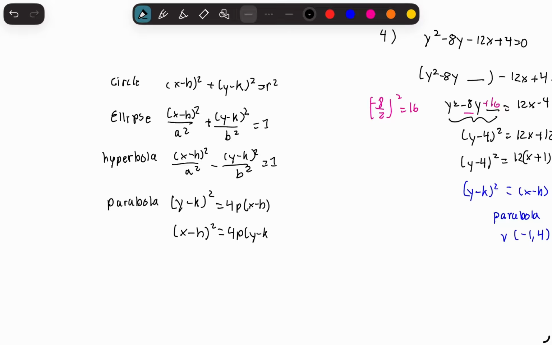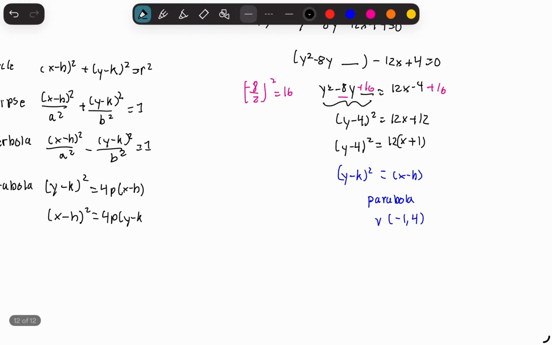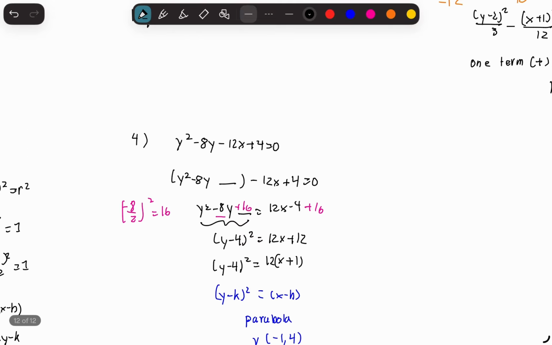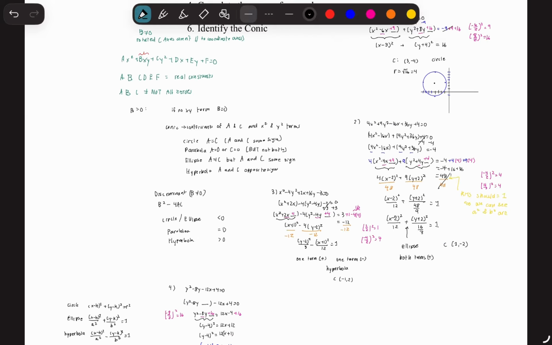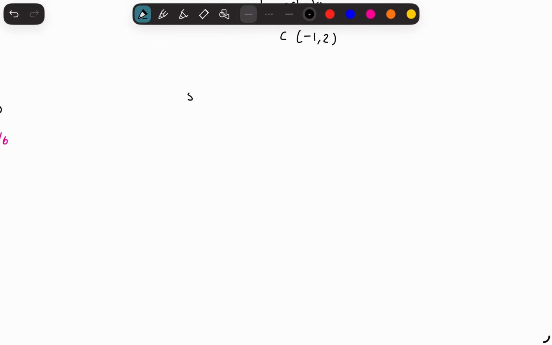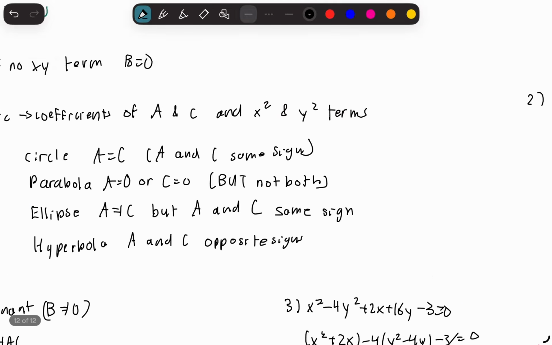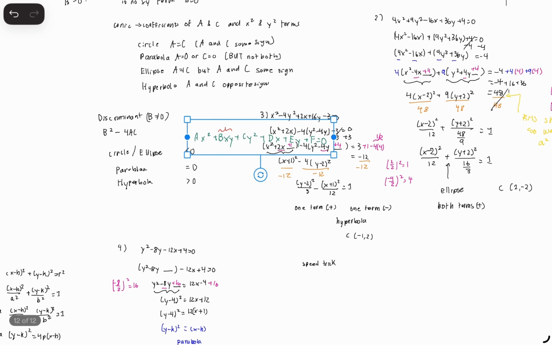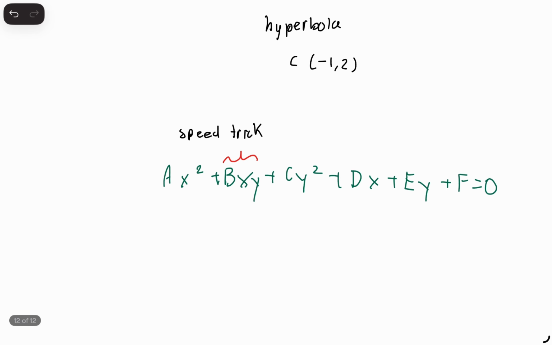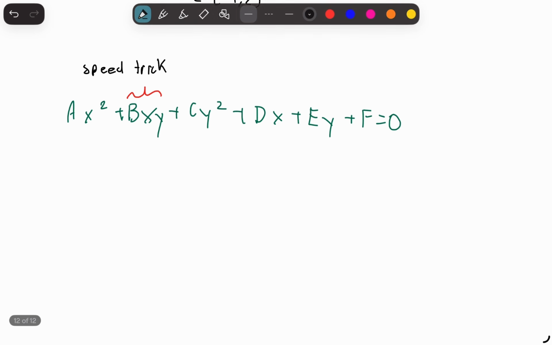So I can also show you a trick on how to determine, from looking at a general form of a conic, quickly in 3 to 5 seconds without completing the square. So this is a speed trick. When you have your general form that we've seen earlier, we have to first check if there is going to be an xy term.